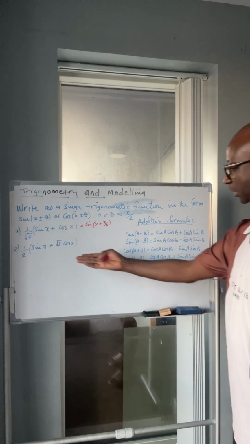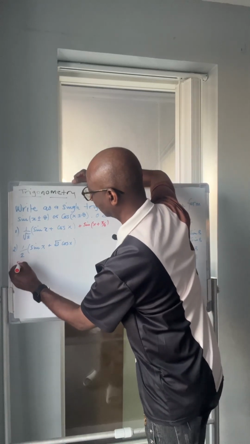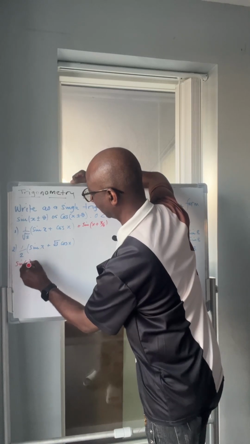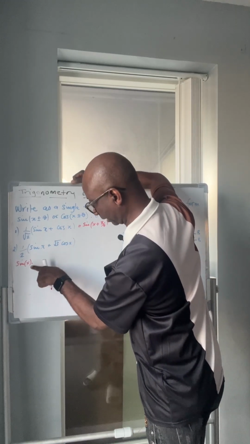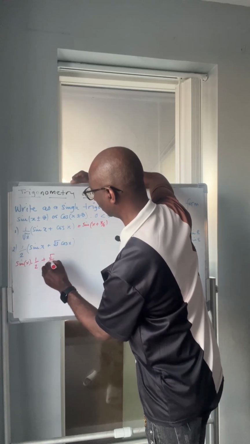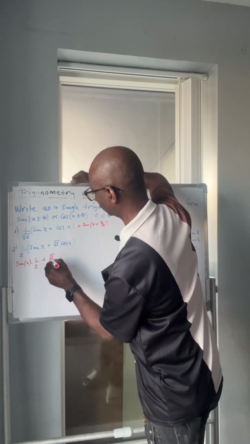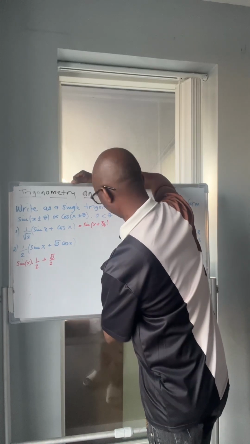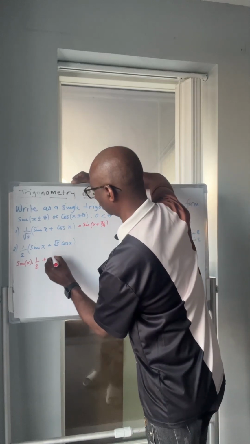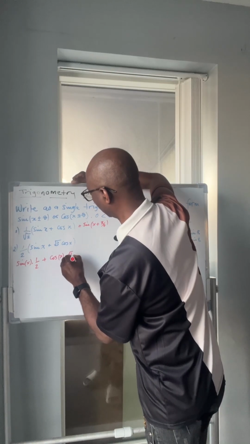So again, let's distribute this one. We'll distribute the 1/2. So this is going to give us the sine of x, and the point means multiplication, you're multiplying by 1/2, plus root 3 all over 2 cos of x multiplied by root 3 all over 2.